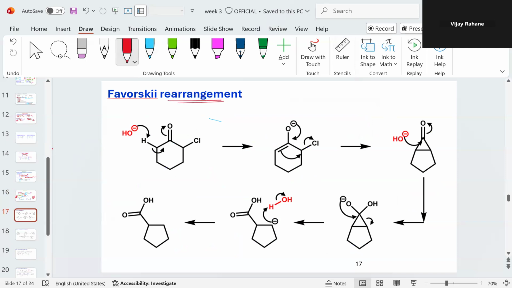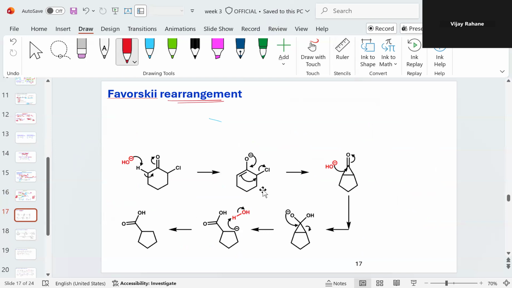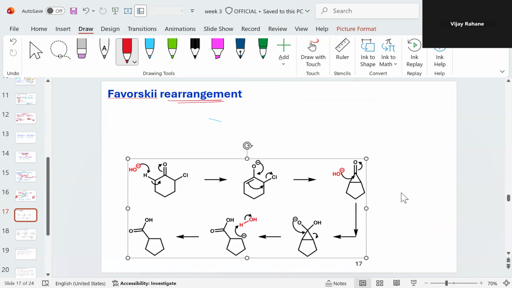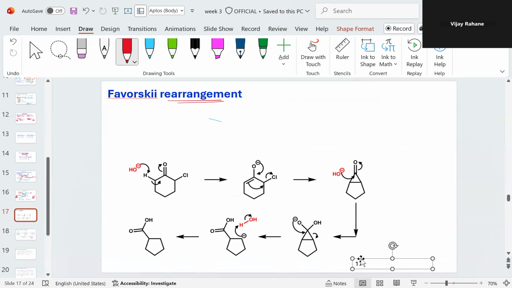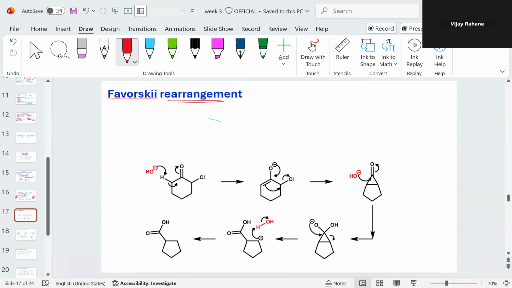So basically, if you have such a substrate, the base or the nucleophile, I'll write here the nucleophile.